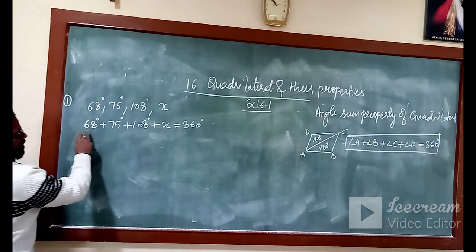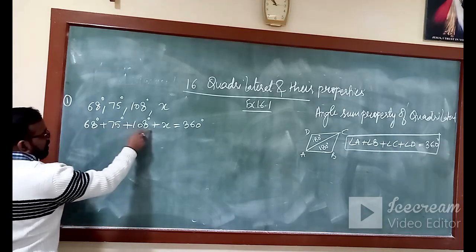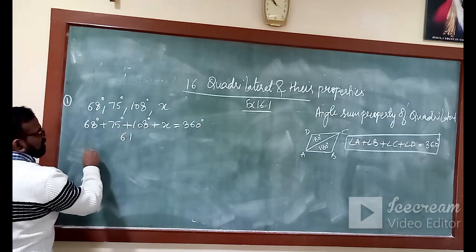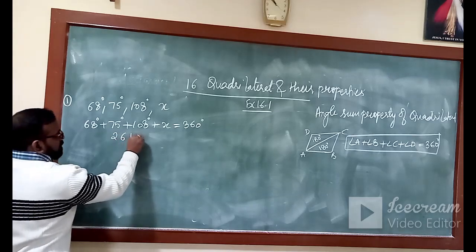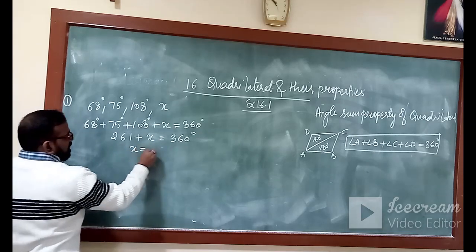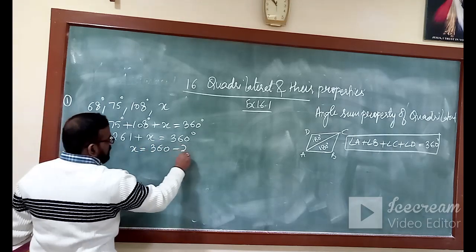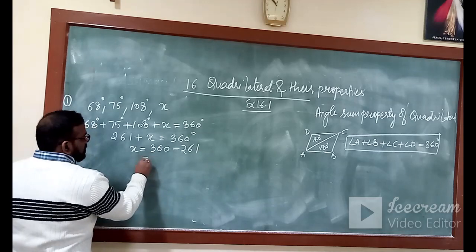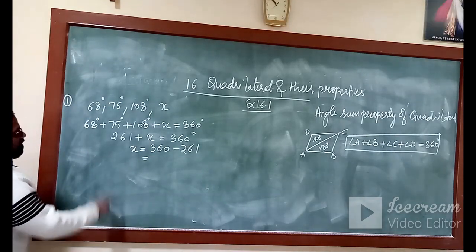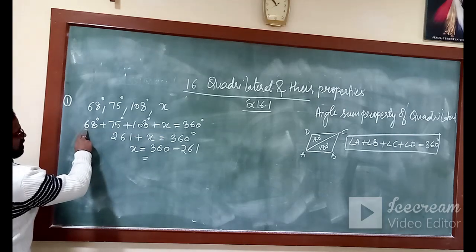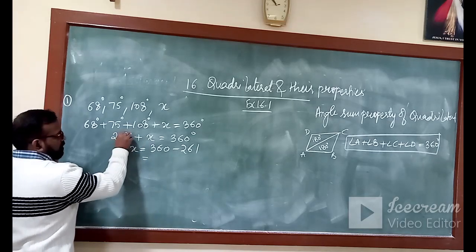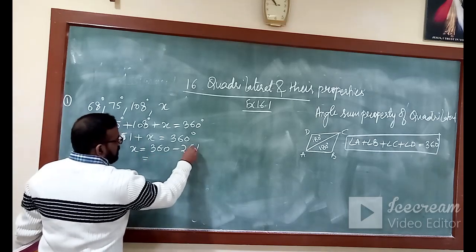So from here we will get 251 plus x equal to 360 degree. So what is our x? x is 360 minus 251. Sorry, earlier I wrote 261, this is 251.